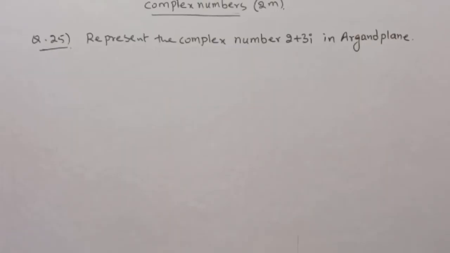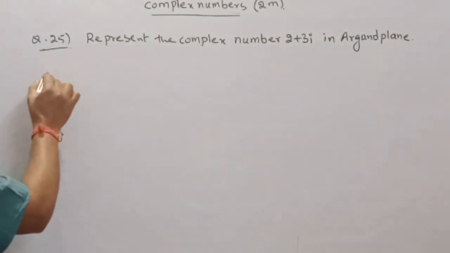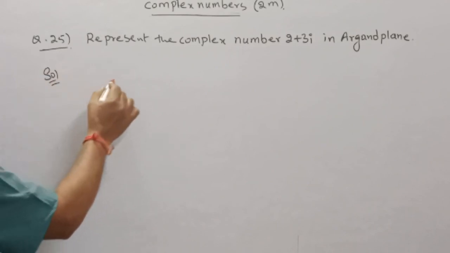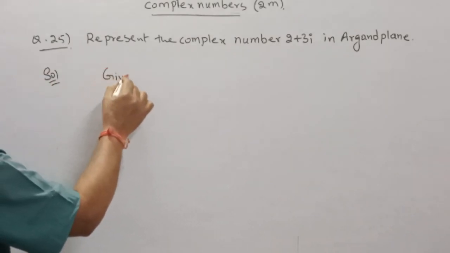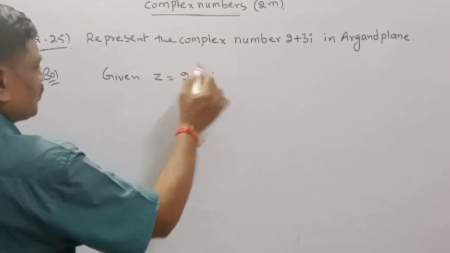Here we have one more problem from complex numbers for IPE. Represent the complex number 2 + 3i in the Argand plane. Given z = 2 + 3i.